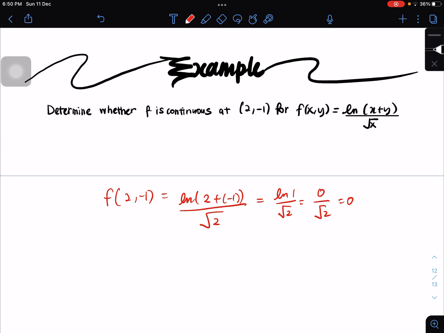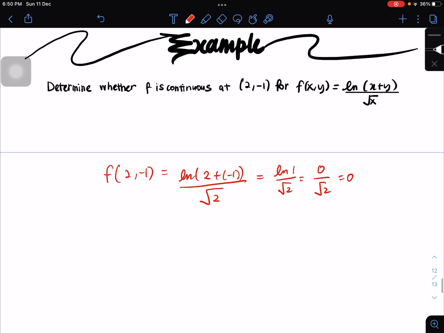Now you want to check for the second condition, means that we need to find the limit. Okay, the limit of the function ln(x + y) divided by sqrt(x) for x and y approaching 2 and negative 1. So the first thing you need to do is you just need to substitute the value.